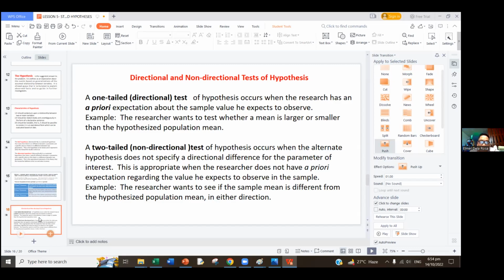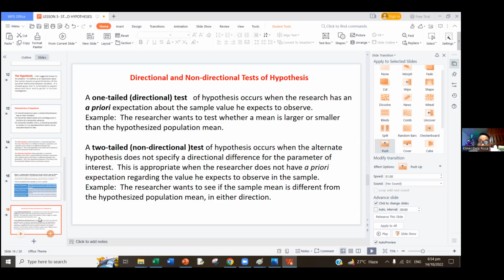Non-directional, two-tailed. So sa statistics, specify natin to, pero ngayon, ito lang muna ipaliwanag natin. Alam niyo yung normal curve, di ba? Naaral niyo yun, no? Kahit na yung MS guidance, yung psychology graduates, alam nila ito. Yung normal curve, yung tumbok yung nasa gitna, then konti lang ang nasa kaliwa, konti lang ang nasa kanan. So two-tailed yon.